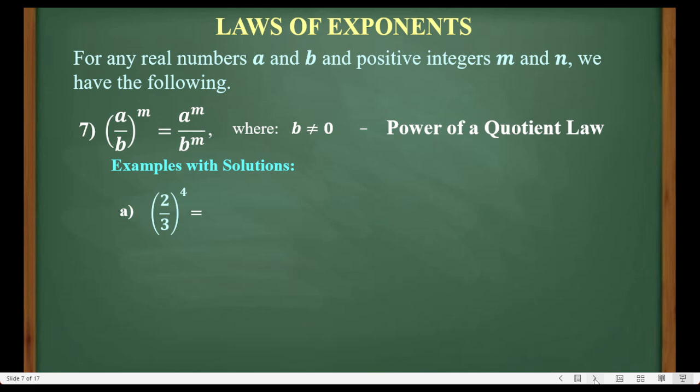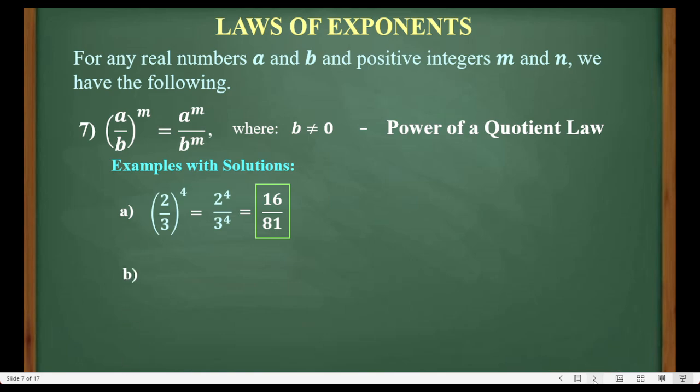So, the outer exponent 4 is to be multiplied to the exponent of each power from the numerator and denominator. So this will become 2 to the 4th over 3 to the 4th. And we know 2 to the 4th is 16 and 3 to the 4th is 81. So we have 16 over 81 as our answer.